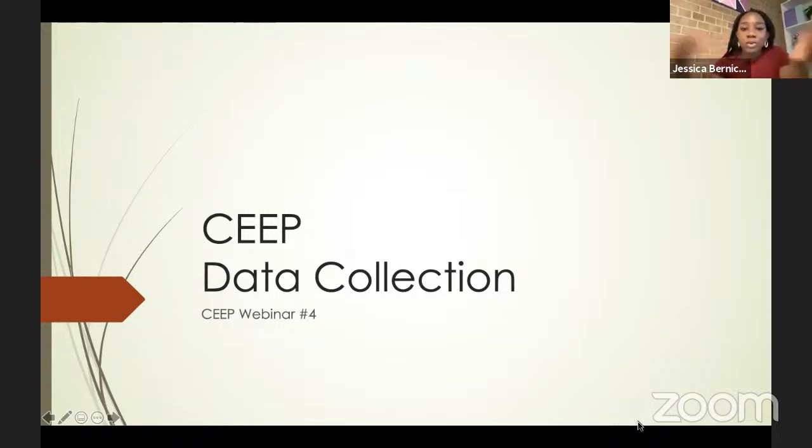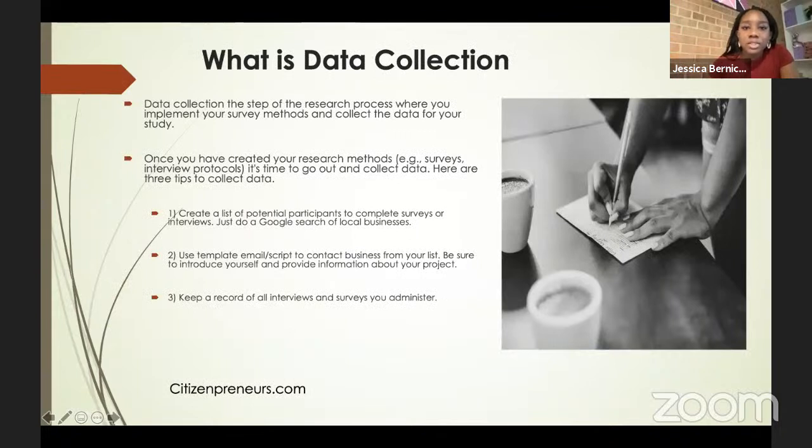And now you go out and you collect data. So you go out and talk to people, you send out surveys. So this is that part of the step. This is where you implement your survey methods and you collect the data for your study.